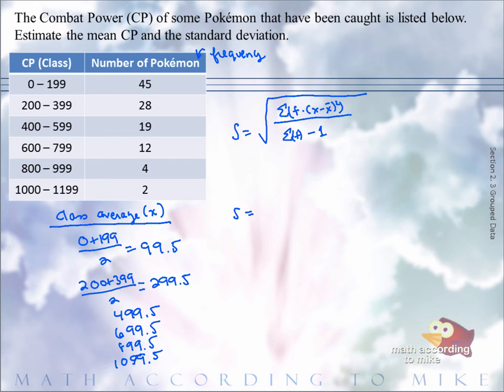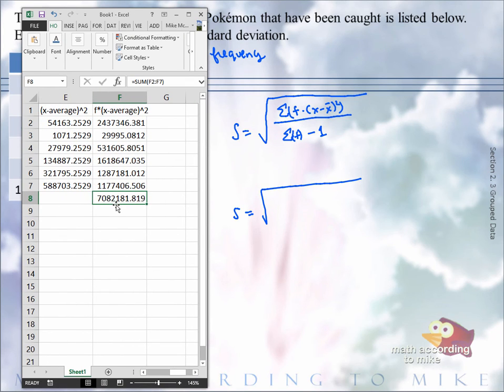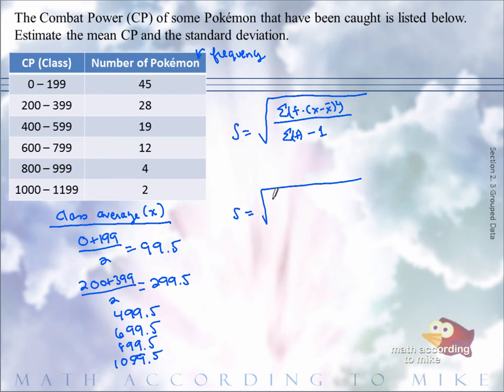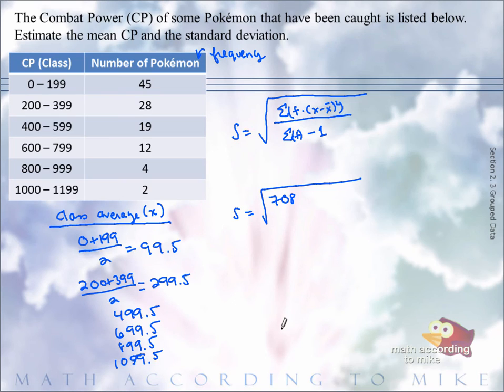Okay, so from our calculations, our numerator is a glorious, wait for it, where is that number? Right there. So I don't even want to say that out loud. That's just terrible. 708,2181.82, we'll round it again.